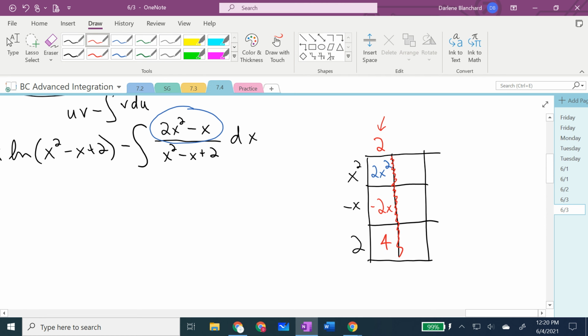So I again look at that numerator. I've got 2x squared. I need minus x. Right now I have minus 2x, so I need to add x. And then I need to not have anything else, and I have a plus 4, so I need to subtract 4.